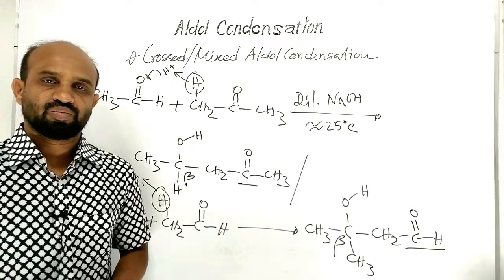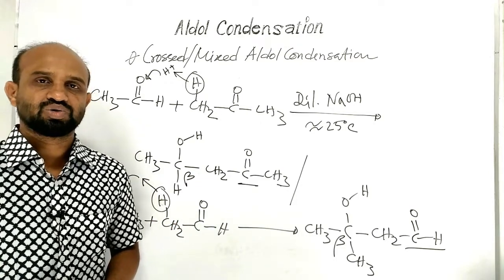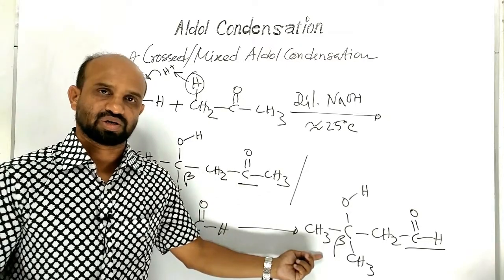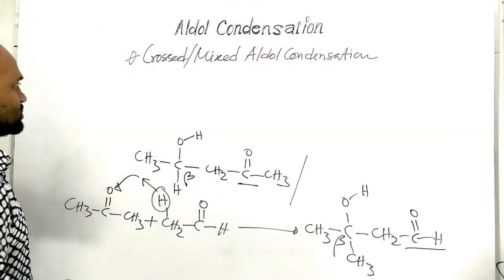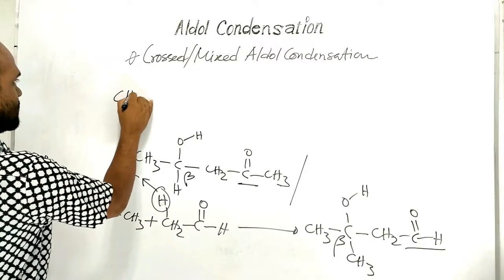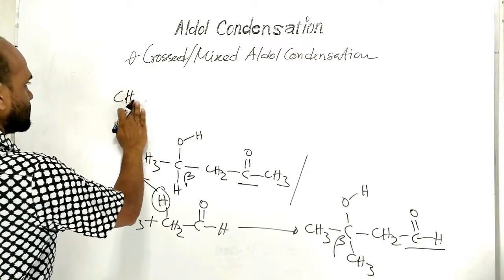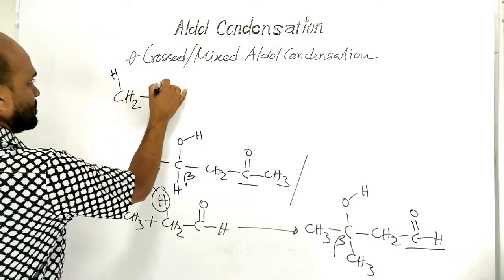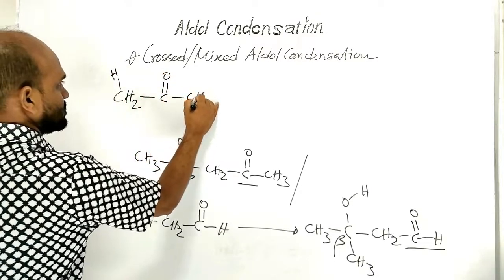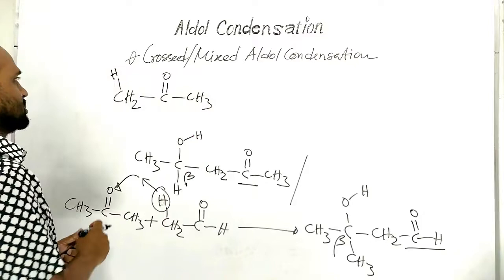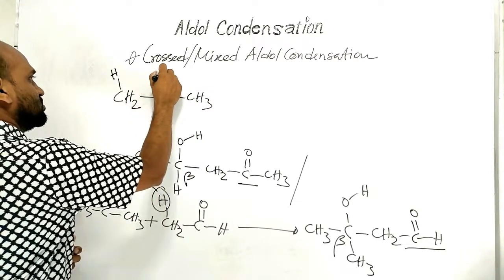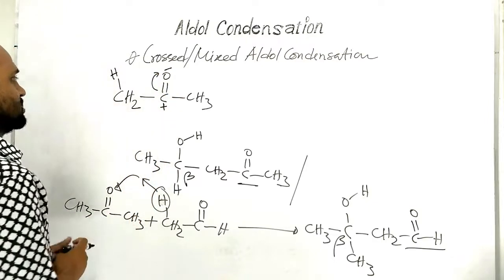Actually both the compounds are formed, but which one is the major product and which one is the minor product? Let's see. In case of ketone, CH3, this can be written as CH2, here H, O, CH3. This bond becomes polarized, minus, plus.